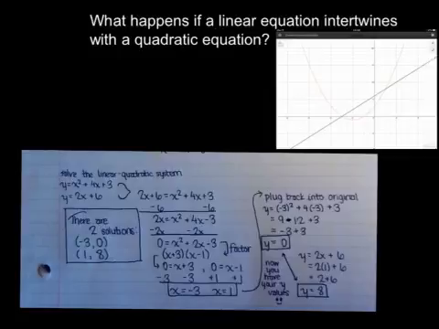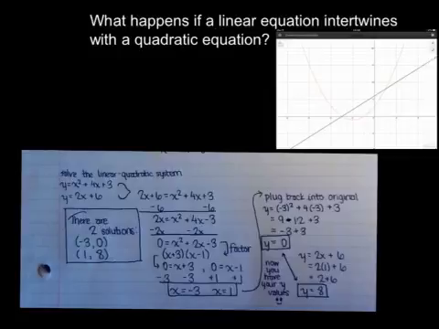We will factor this out and get in parentheses x plus 3 multiplied by in parentheses x minus 1. You will set these equations both equal to 0 and get 0 is equal to x plus 3 and 0 is equal to x minus 1. Then you will subtract by 3 and add by 1 in both equations to get x is equal to negative 3 and x is equal to 1.